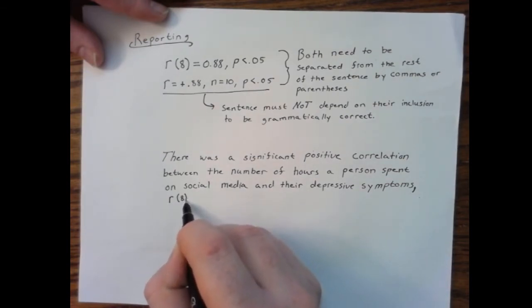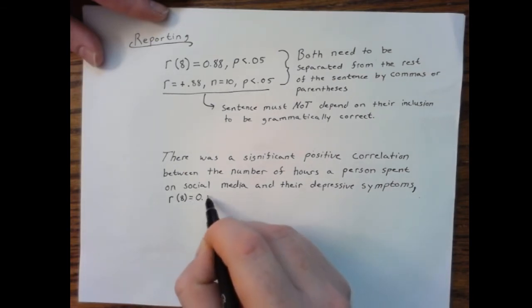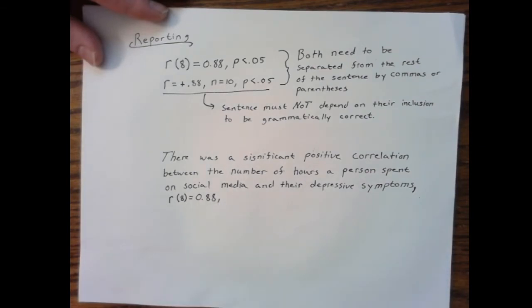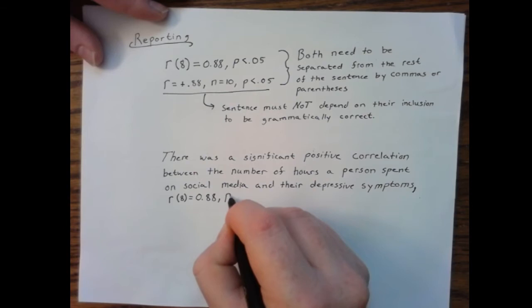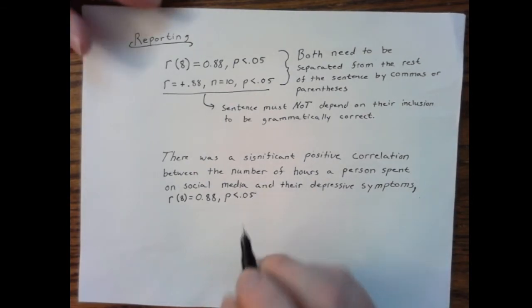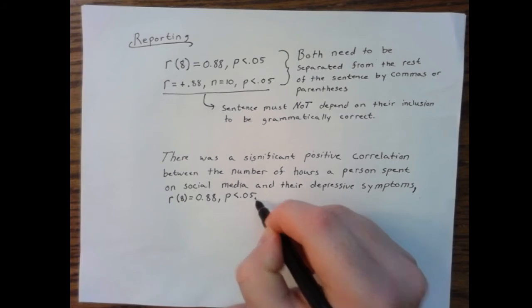Close the parentheses, and then I provide my R value rounded to 2 decimal places. And then I make a statement about my p-value. In this case, it is less than my alpha level, meaning that there's less than a 5% probability of getting this test statistic by random chance. And there I go.